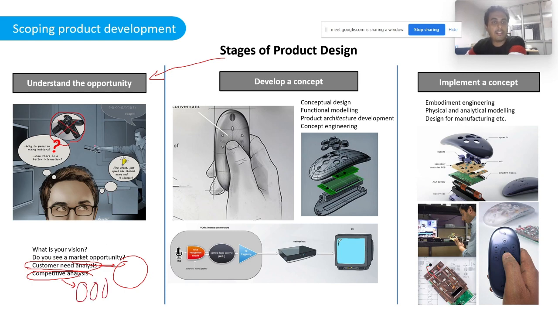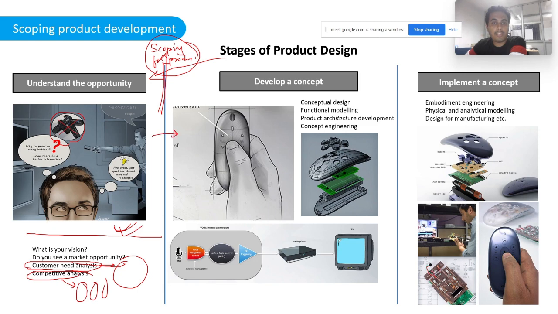And then after this process, we come to a checkpoint, which is the scoping for product development. That means here we clear this particular checkpoint, that okay, we have enough evidence that this particular need is important and a product can be successful.